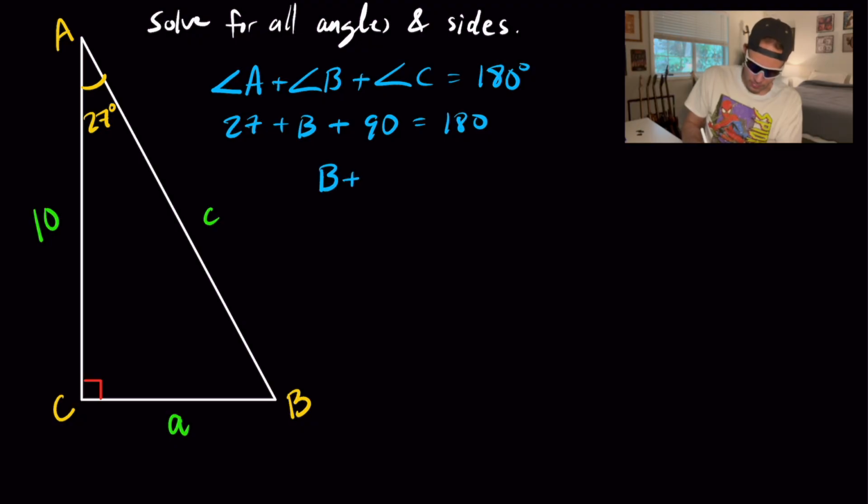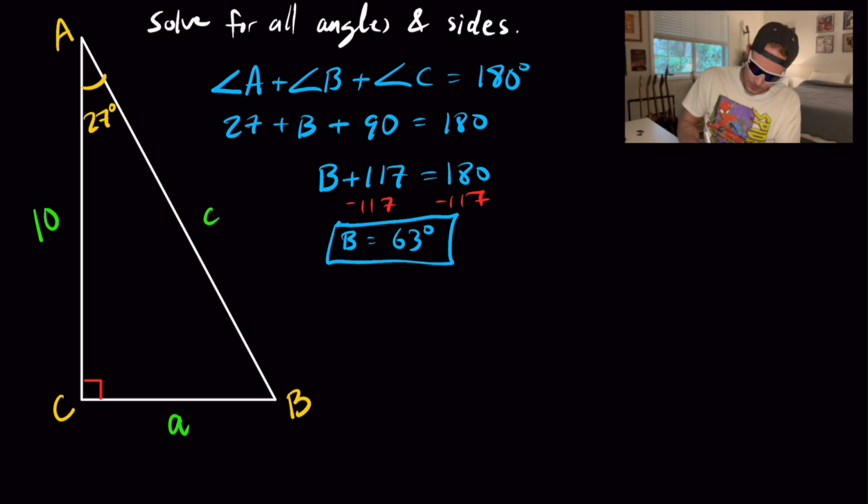So we got B plus 117 is equal to 180. I'm going to subtract both sides by 117, and we'll get B is equal to, what's that, 63? 63 degrees. So angle B, let's fix that. Angle B is 63 degrees.